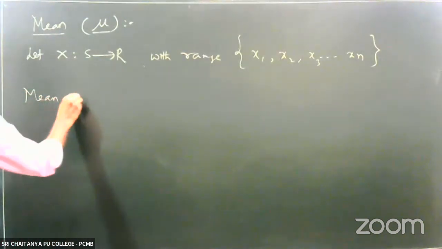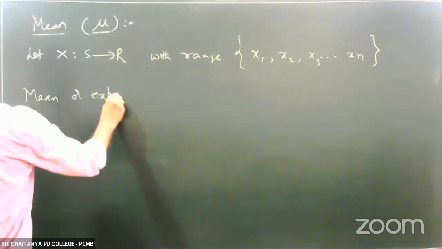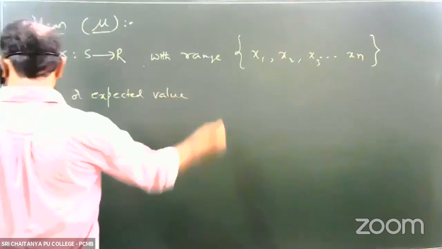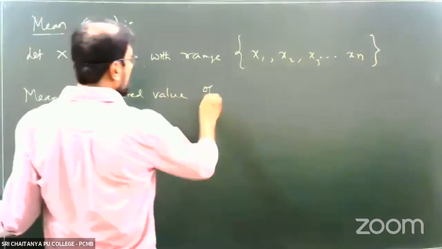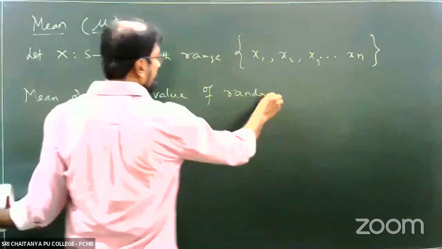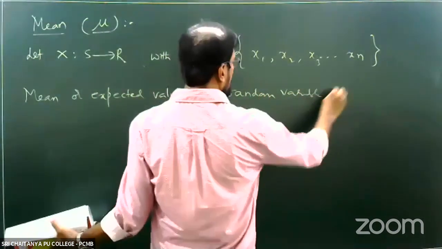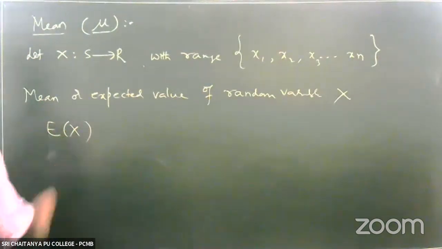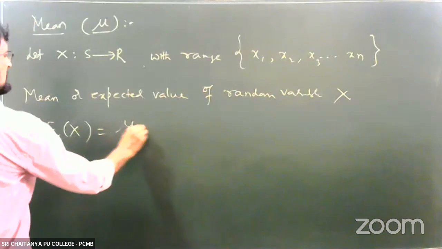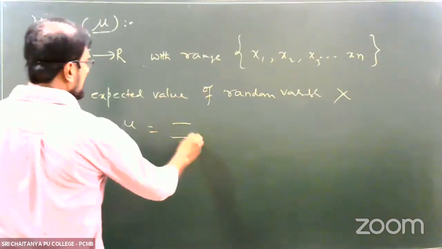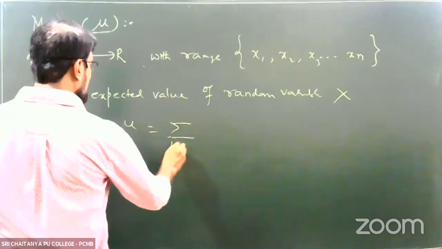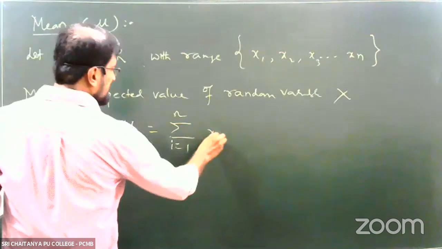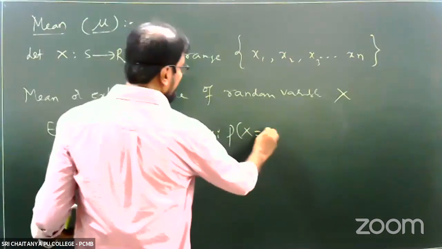The mean or expectation or expected value of the random variable X is given by E of X, meaning expected value or mu, which is equal to sigma i equals 1 to n of xi into P of X equals xi.